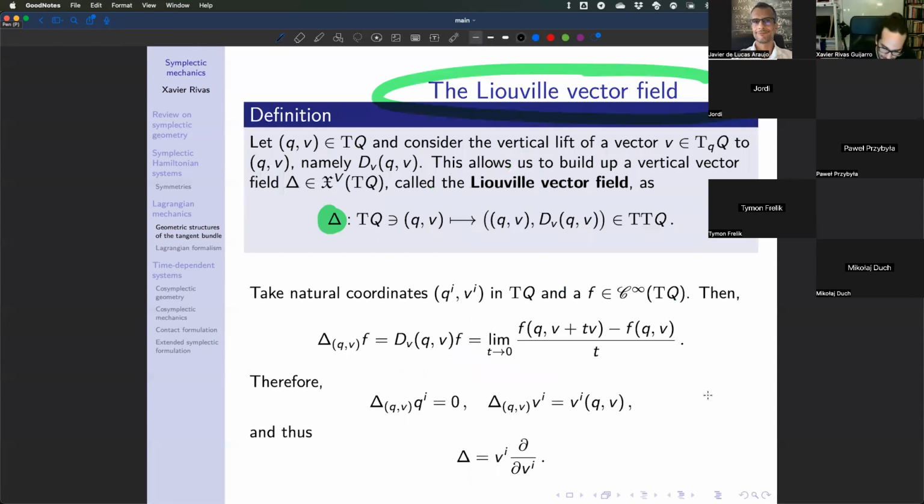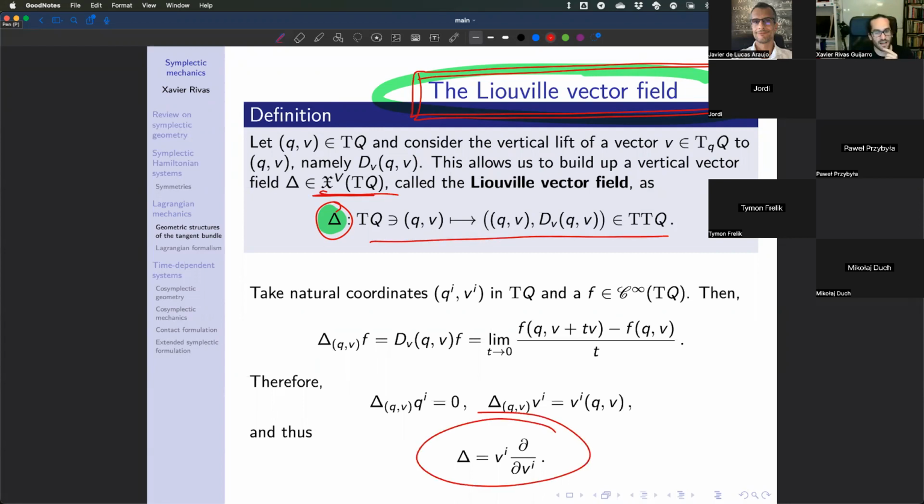And last but not least, we have the Liouville vector field, the dilation vector field. This is a vector field, delta. It is vertical, and it is defined in this way. In natural coordinates, it looks just like this.